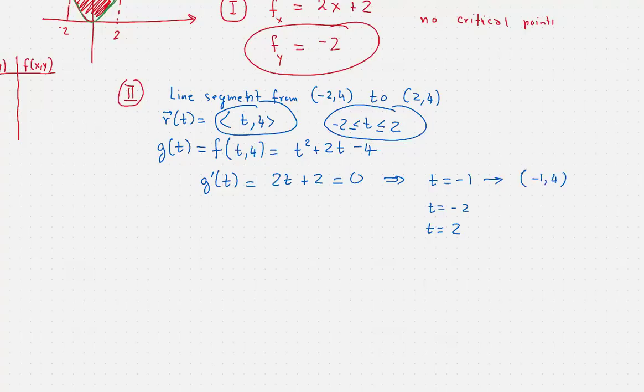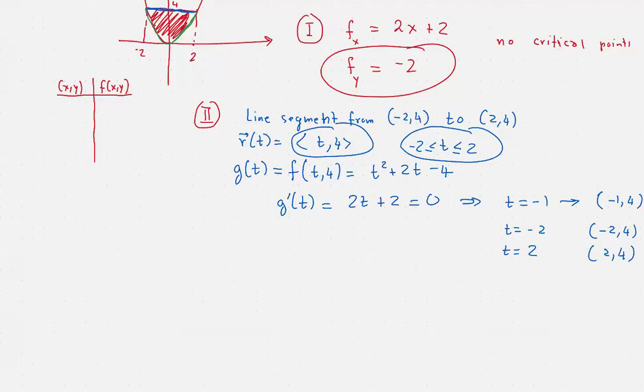Okay, so these are the first candidates on the table for extrema. So we have -1, 4, -2, 4, and 2, 4. Okay, and secondly, we have what we designated with green.